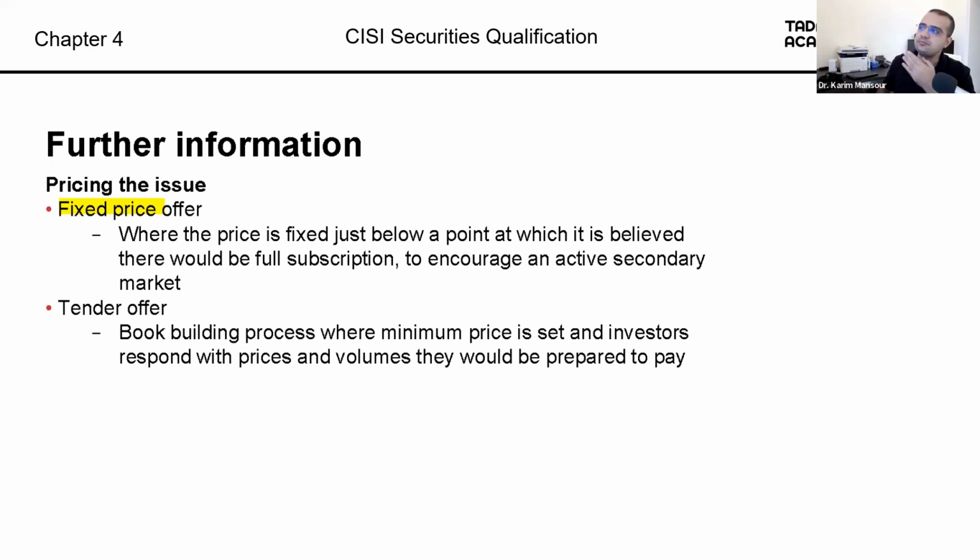So when actually doing the issuance, the company might price the share at, let's say, $18. But the price is fixed. You want to buy the shares, you'll buy them at $18. Usually just below the price at which they believe investors are willing to buy.